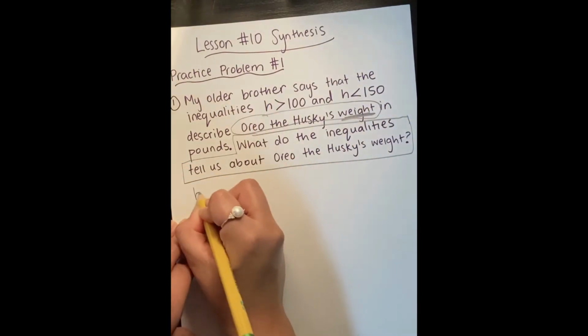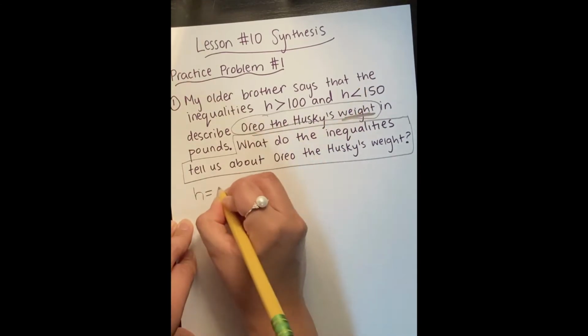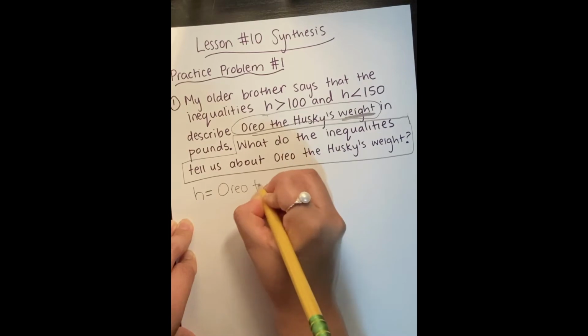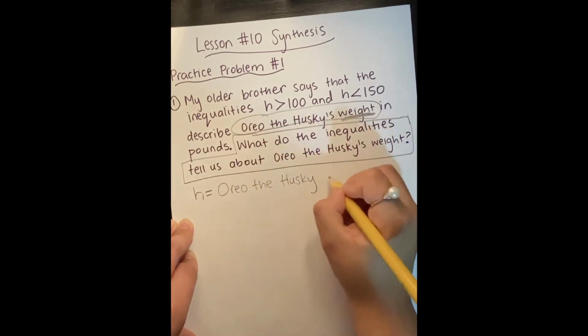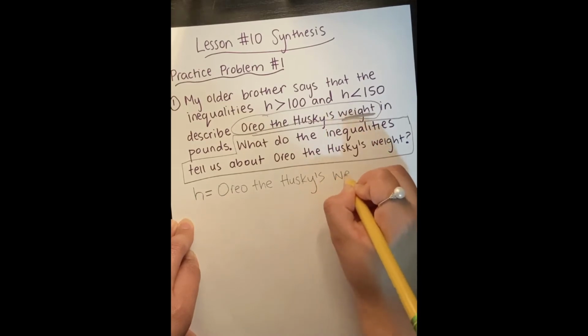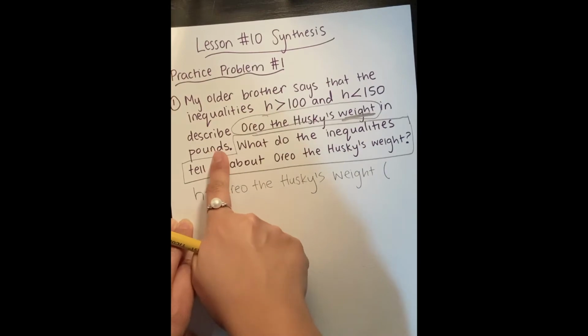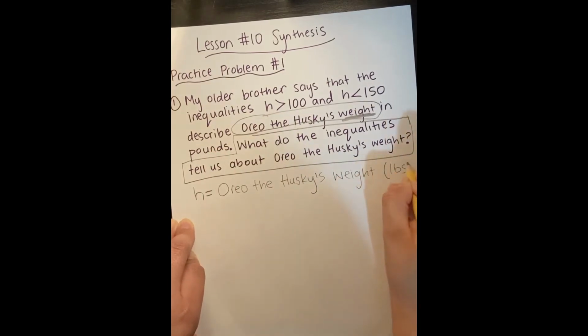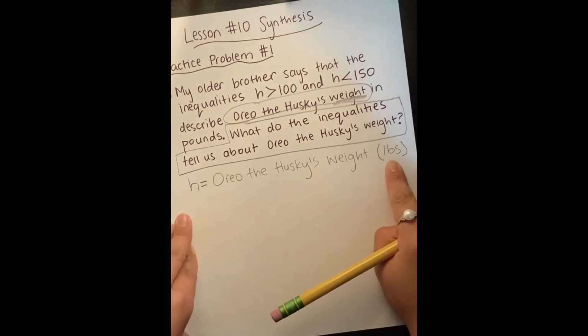So right here, I'm going to write that h represents, or h equals, Oreo the Husky's weight, which the problem tells us they're measuring in pounds. So to abbreviate it, I'm going to write LBS.